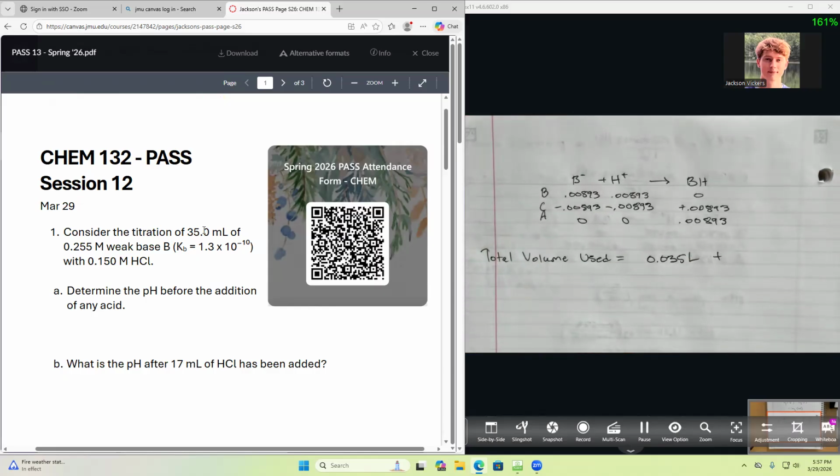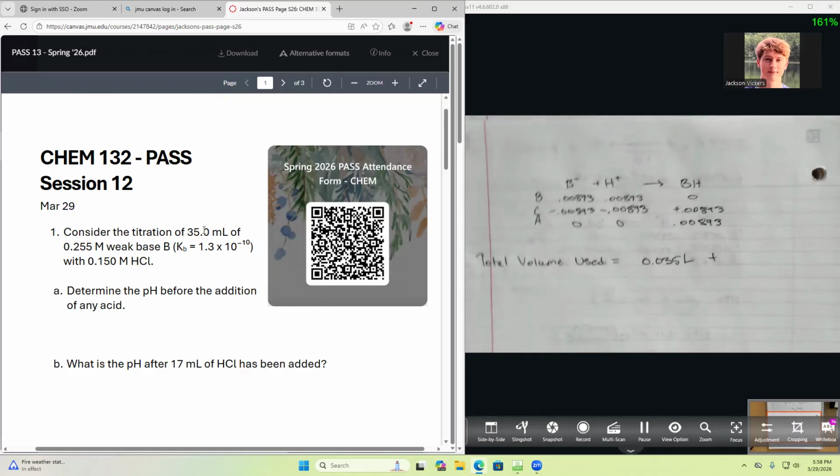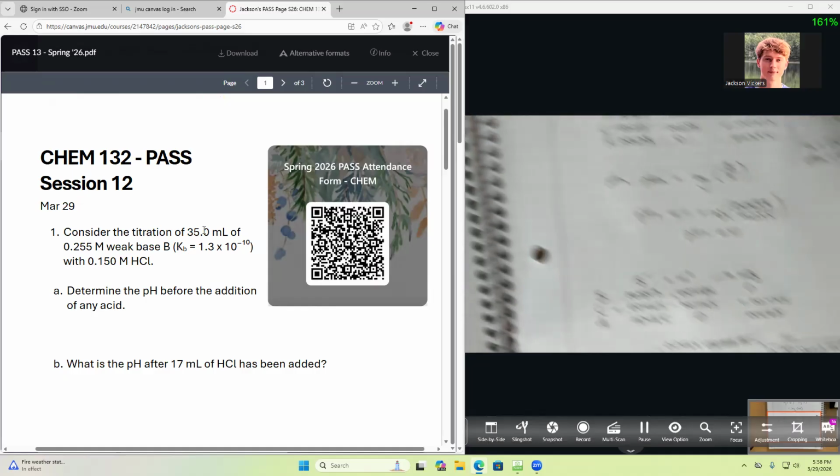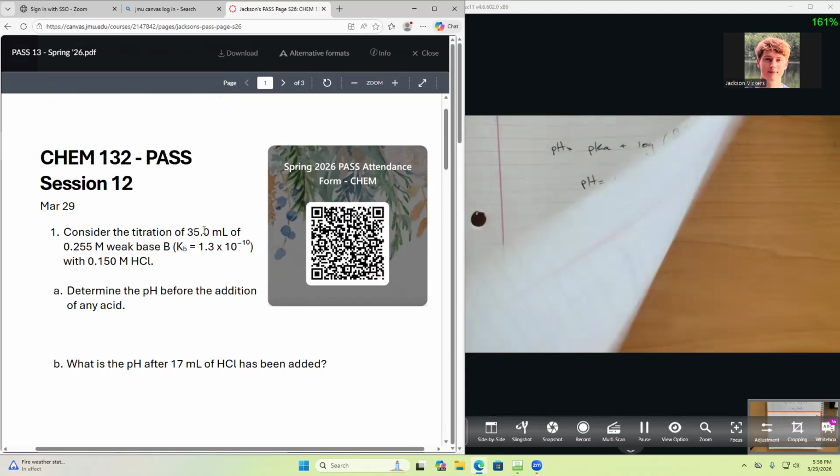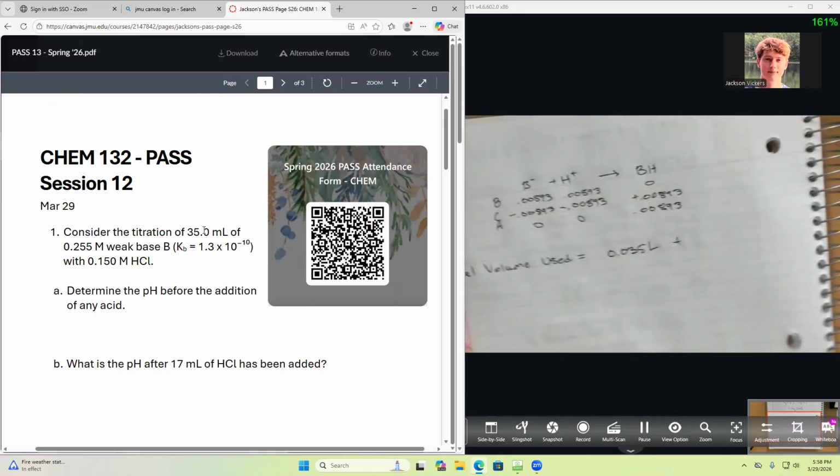And based on how we did that last problem, does anyone have a guess of how we might do this? So on that last one, what did we use as a unit conversion to get the volume? We used the molarity, yep, and we flipped it upside down to get a liter value. So that's exactly what we're going to have to do here.